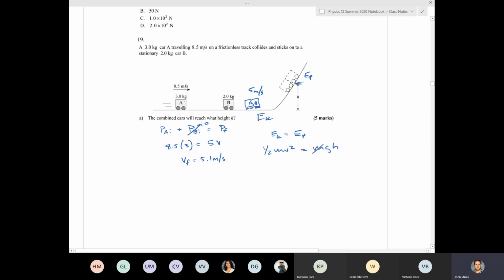We can get rid of the mass because it's going to be 5 kilograms both times. So 0.5 times 5.1 squared equals 9.8 times h. So 5.1 squared times 0.5 divided by 9.8, and you get 1.3 meters as the height.